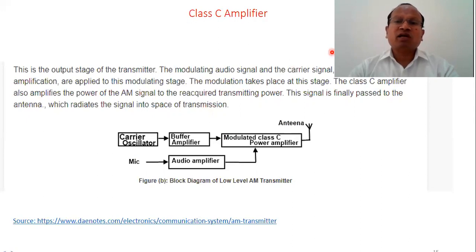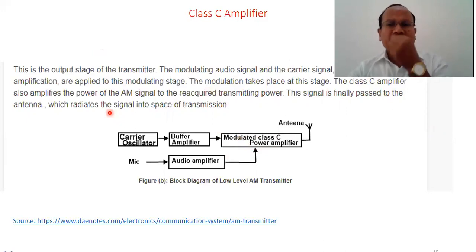Now we are talking about the class C amplifier. You see here, the class C amplifier is used here. What do we want? We want a large amount of power at the output. So the modulating signal goes to the power amplifier, then modulation takes place there. And then the class C amplifier also amplifies the power level of the EM signal.